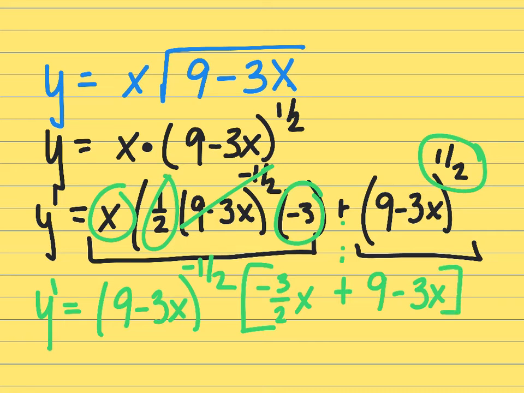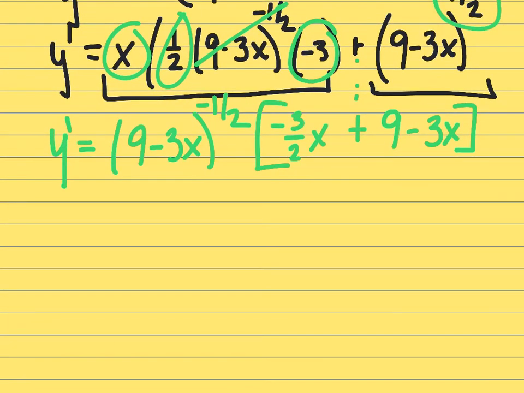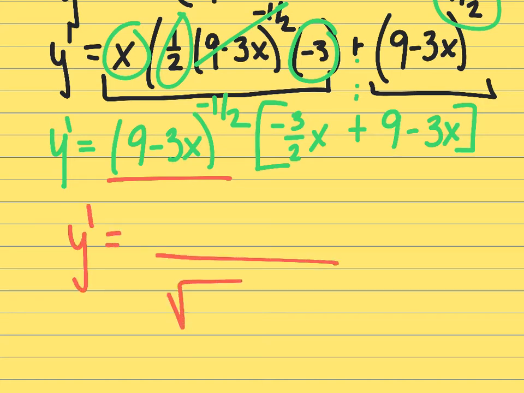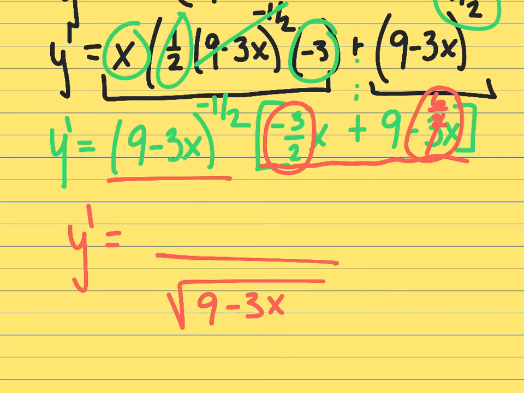So I'm just going to start moving things. This has a negative exponent here, so it's automatically going to go to the denominator. So that's going to be the square root of 9 minus 3x. I'm going to add my like terms inside here. I have x's. I'm actually going to call this 6/2 because that's equivalent to 3 if I get a common denominator. So negative 3/2 and negative 6/2 make negative 9/2 plus 9.